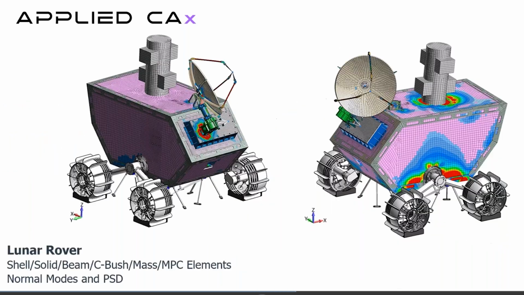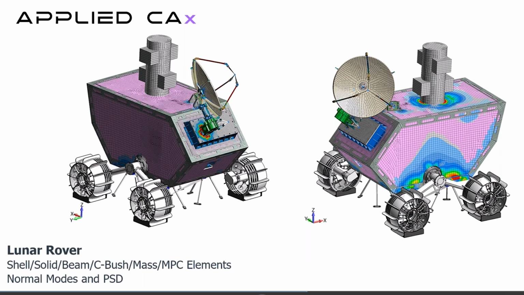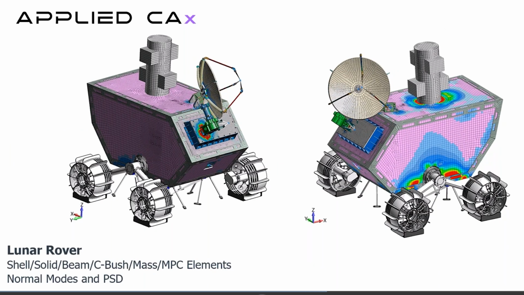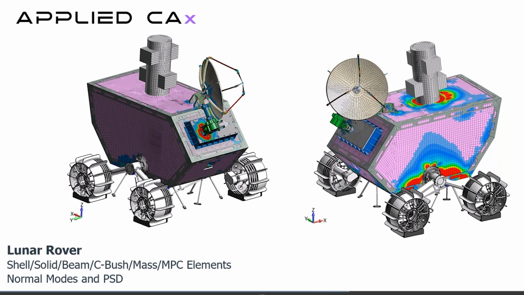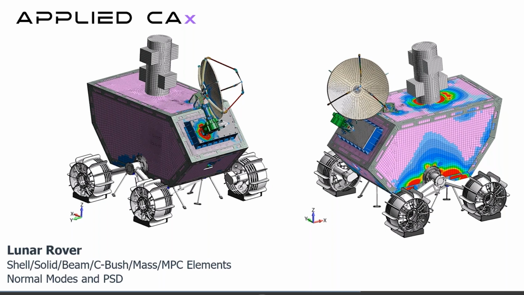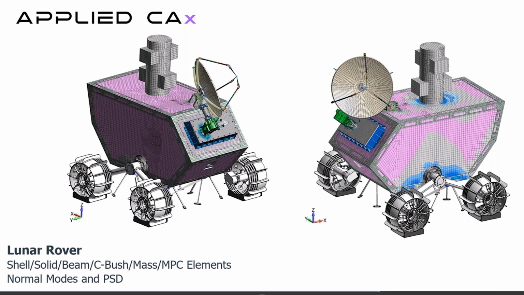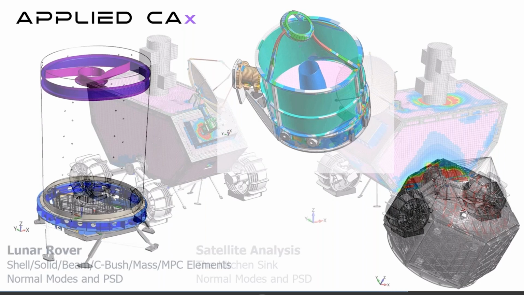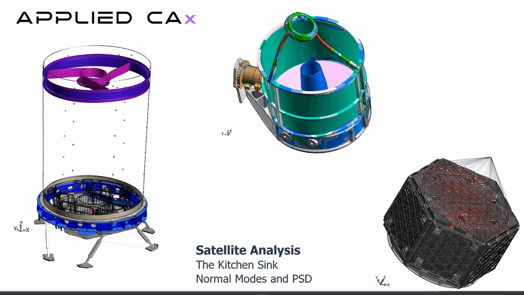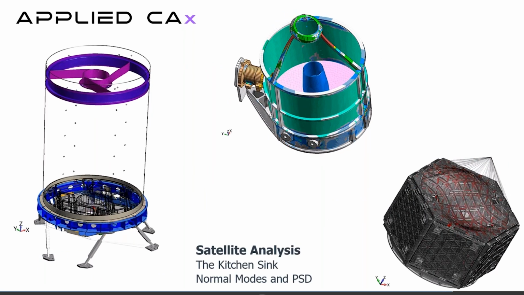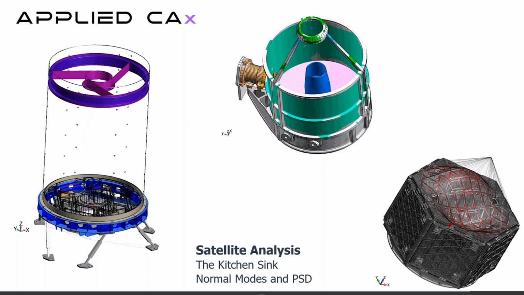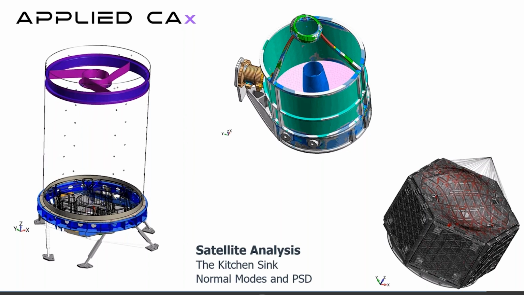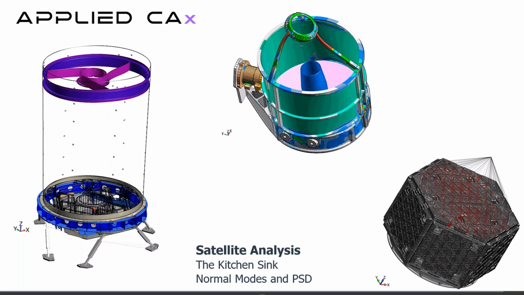And space, lunar rover. Again, composites, titanium, bolt preload, normal modes, stress analysis, vibe, PSD. And our favorites, satellites, which really have everything involved: thermal, stress, vibe. So these are all models that have been done in-house by engineers at Applied CAX.